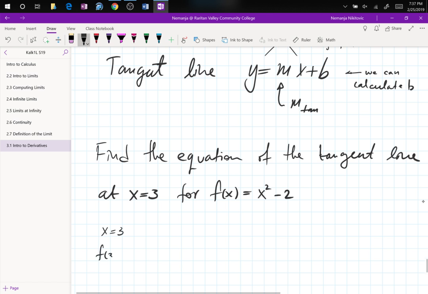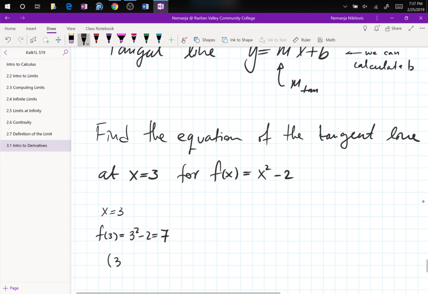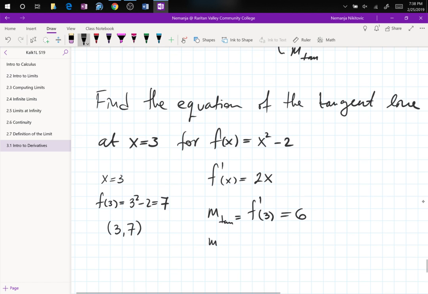We can calculate f of 3, which would be 3 squared minus 2, which is 7. So I have my point, 3 and 7, x and y. Now we know that we calculated the derivative already for this, which is why I picked this problem. We know that the derivative is 2x, which means that the slope of the tangent line is going to be the derivative calculated at x equals 3, so that's 6. So m tangent is 6.